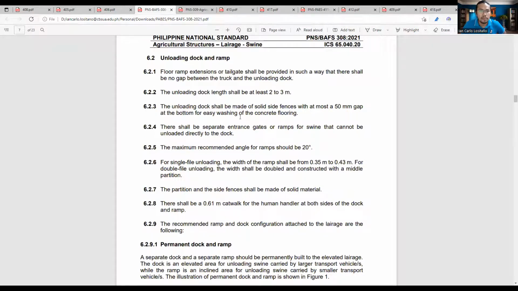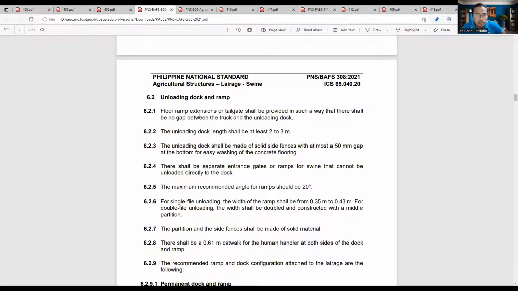Now for the floor ramp, floor ramp extensions on the tailgate shall be provided in such a way that there shall be no gap between the truck and the unloading dock. It is in the best interest of the slaughterhouse and also the farm to prevent stress in the animals, as this reduces the quality of the carcass.